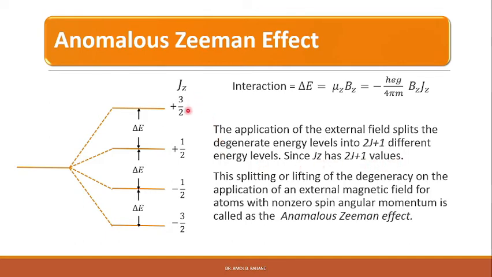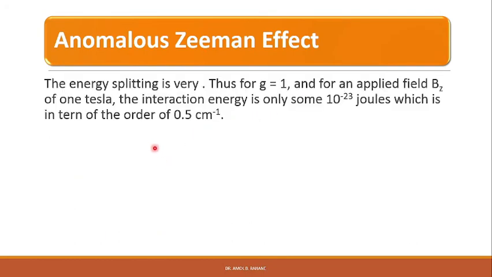These 4 values give rise to 4 different energy levels, and the separation between these energy levels is given by this delta E. The energy splitting is very small, and thus for g equal to 1 and for an applied field Bz of 1 Tesla, the interaction energy is only of the order of 10 raised to minus 23 joules, which is in turn of the order of 0.5 per centimeter, right?